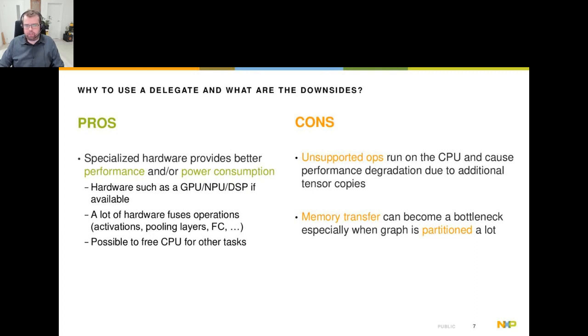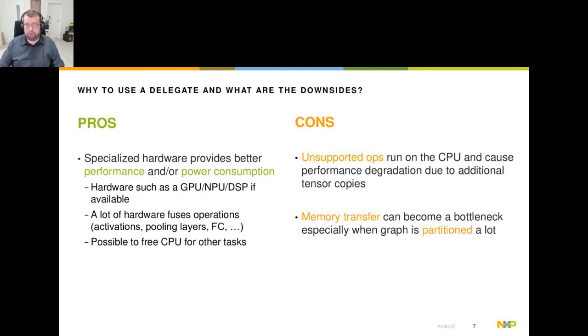So typically a GPU or an NPU will perform a lot better than your CPU, because it's, of course, specialized hardware. In case of a GPU, there is the parallel nature, which is much more suitable for this kind of computation.